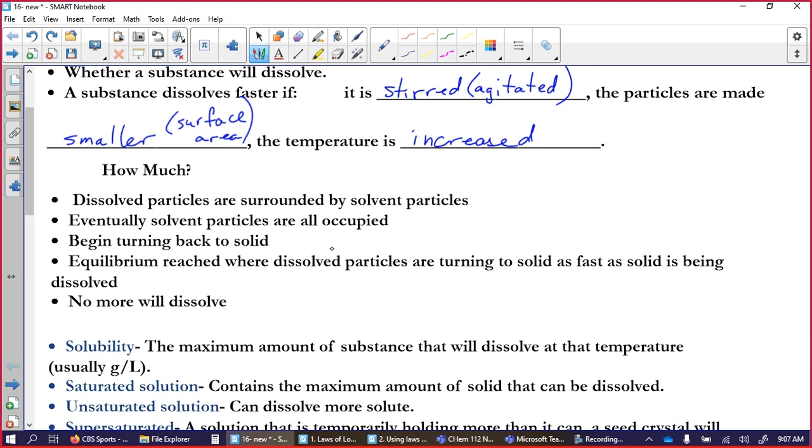So you get kind of an equilibrium where stuff is dissolving and turning back to a solid. You'll see these next year, equilibrium. It's going from a solid to aqueous just as fast as it's going from aqueous to a solid. Nothing else is being dissolved.